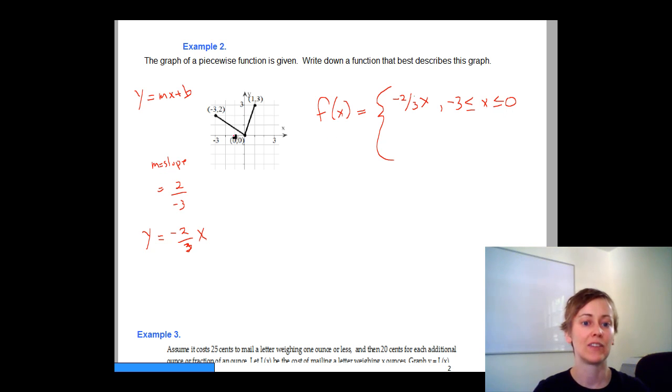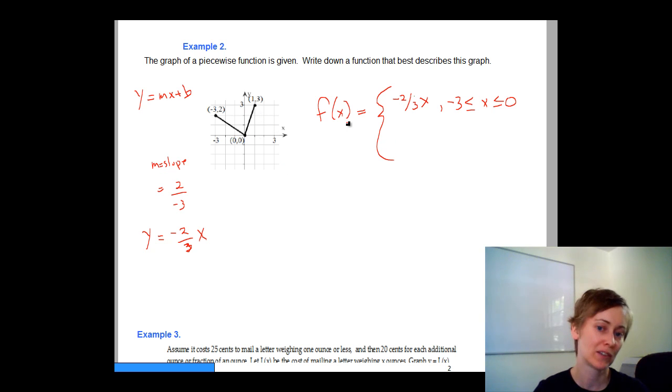Notice I didn't say x is greater than negative infinity, because there's a solid dot there, so that means it must only be starting on the left at negative 3. So be careful. If you see a solid dot, don't think about going to the left of that dot. Okay, now we're going to talk about the line on the right. So the line on the right has a positive slope, and the slope is 3 over 1.